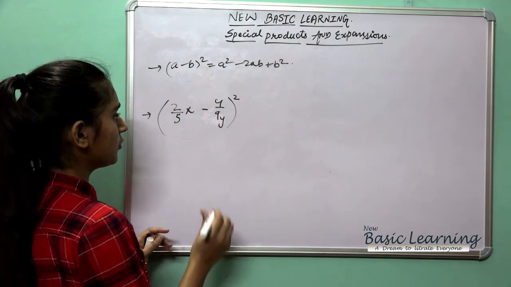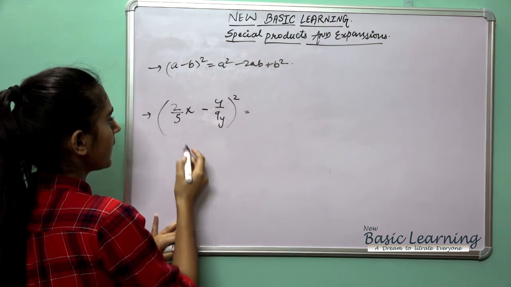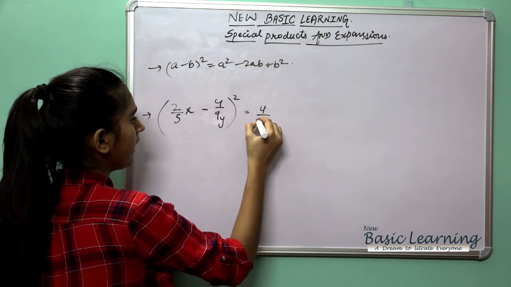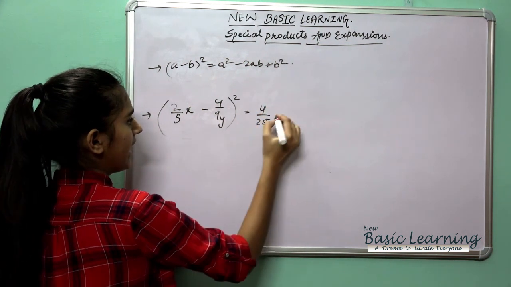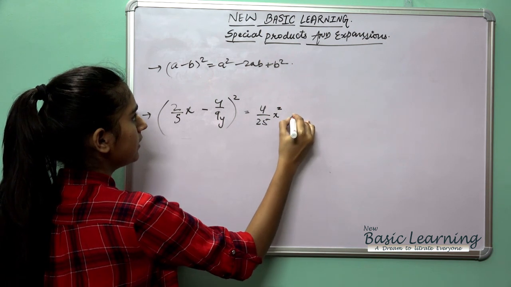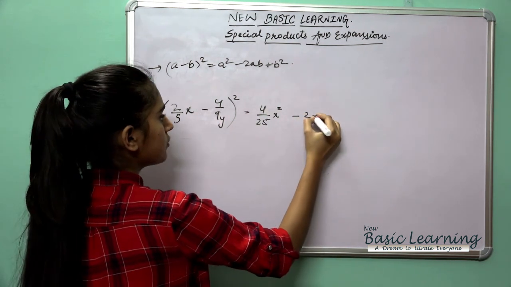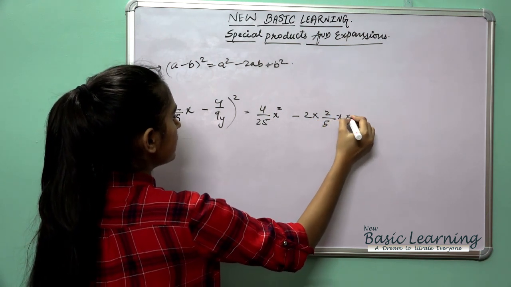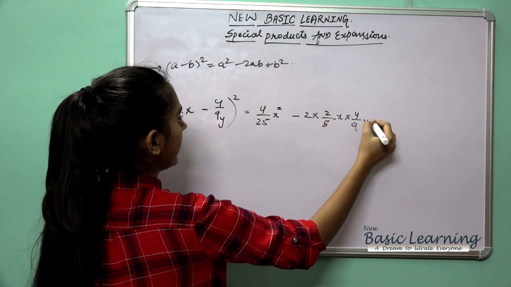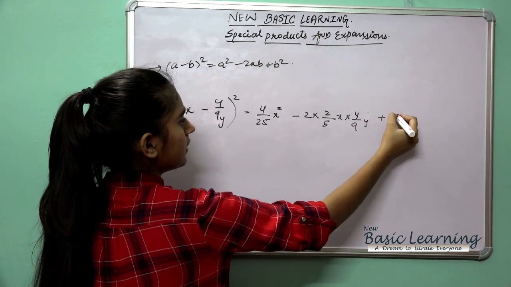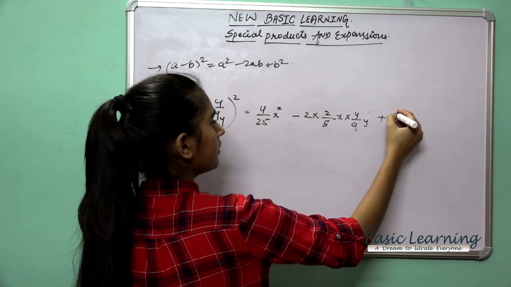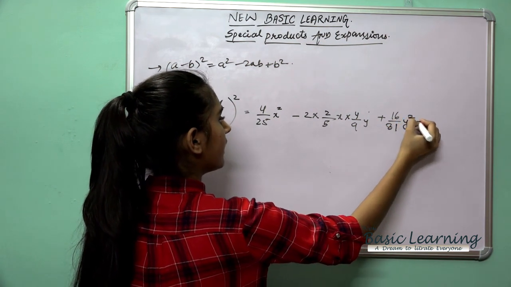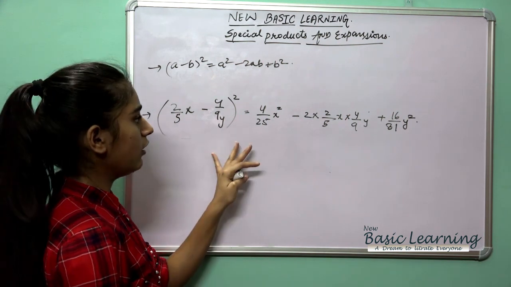Now let's put the values according to the formula. 2 into 2 gives you 4. 5 into 5, 25, x into x, x square, minus 2 into 2 upon 5x into 4 upon 9y, plus 4 into 4 gives you 16, 9 into 9, 81, y square. Okay, now let's calculate further.